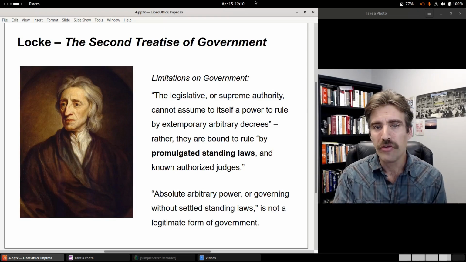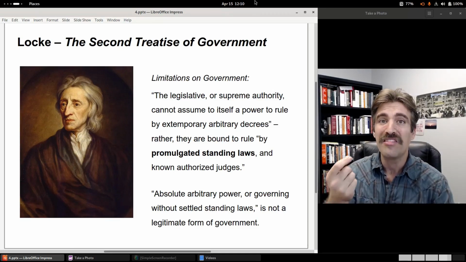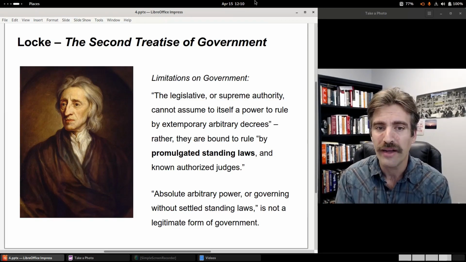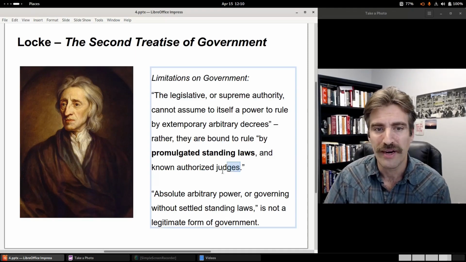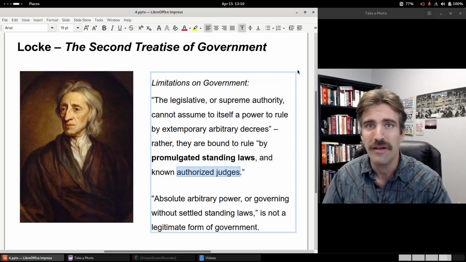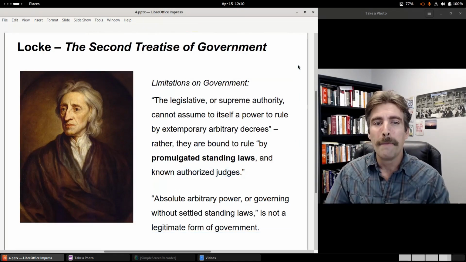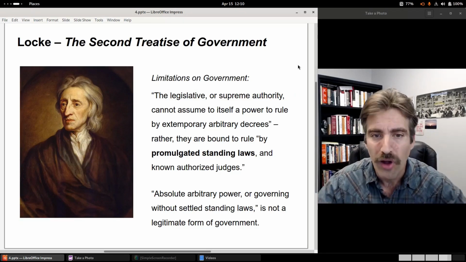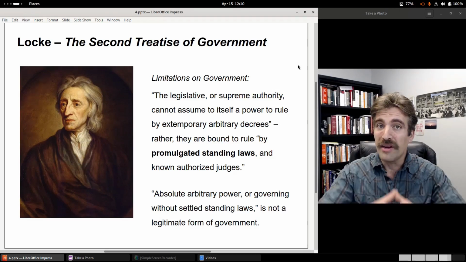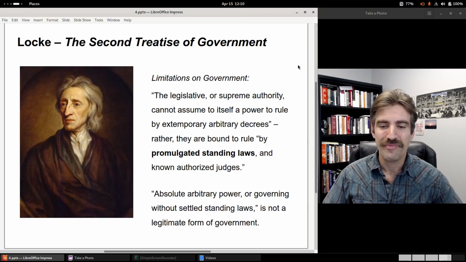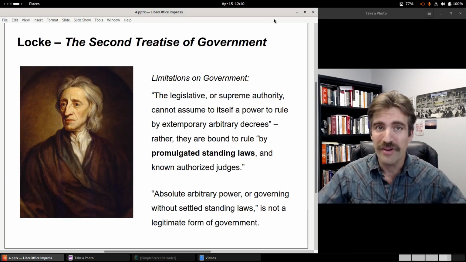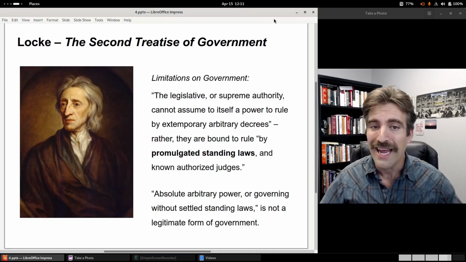Rather, they are bound to rule, quote, "by promulgated standing laws and known authorized judges." So there's the judicial power there. It doesn't explain who authorizes the judges. Is it the legislature? Is it the executive? Is it a combination of both? The point here is the rule of law, standing laws that are known to all, formulated and approved in a constitutional manner.